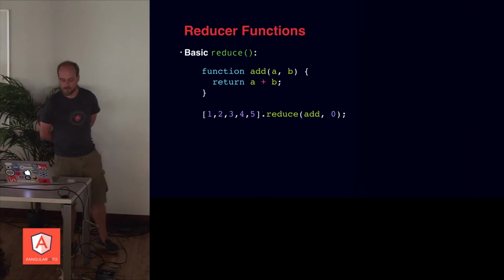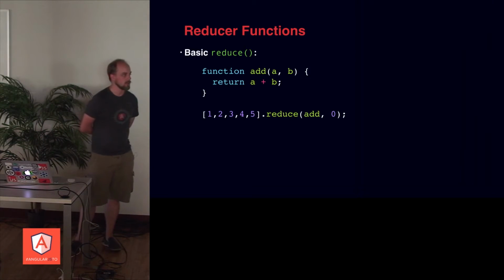Well, you're probably familiar with the basic reduce function. If you've done any sort of collection-based programming in most languages, JavaScript is no different. Reduce in JavaScript is a function that is attached to Array.prototype, and it takes a callback, and what it does is it iterates across a collection and progressively applies a computation to all of those elements.